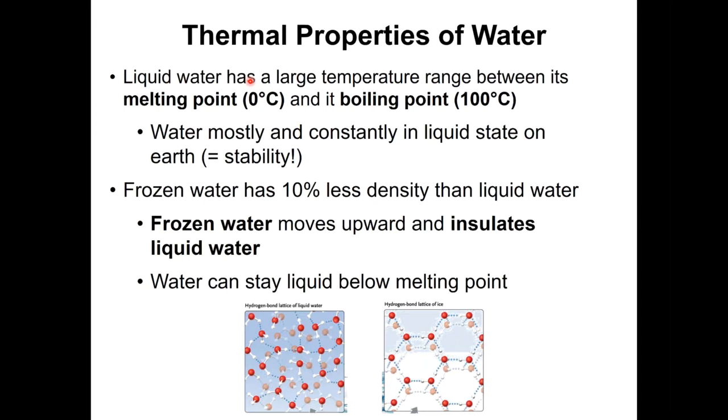You will still have liquid water in large lakes. Living organisms there, like fishes, could still survive, will still be in stable conditions. So this temperature range can even be extended by the lower density of frozen water, or solid water, compared to the liquid water itself.